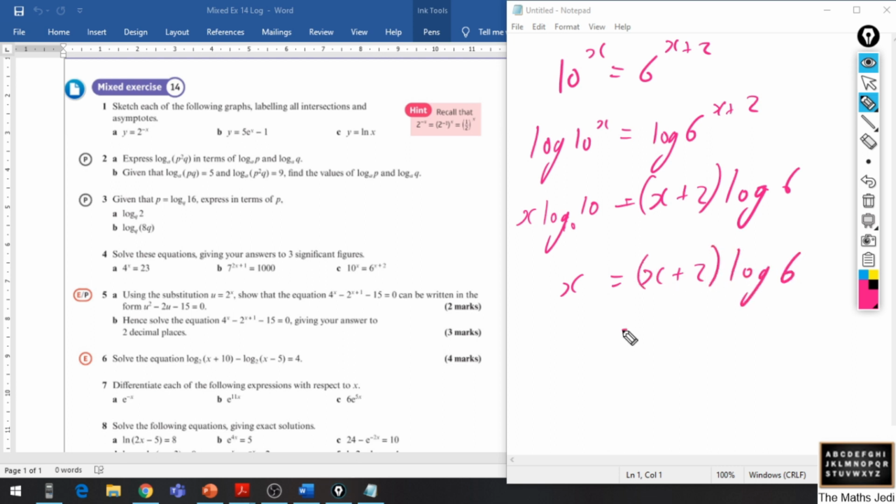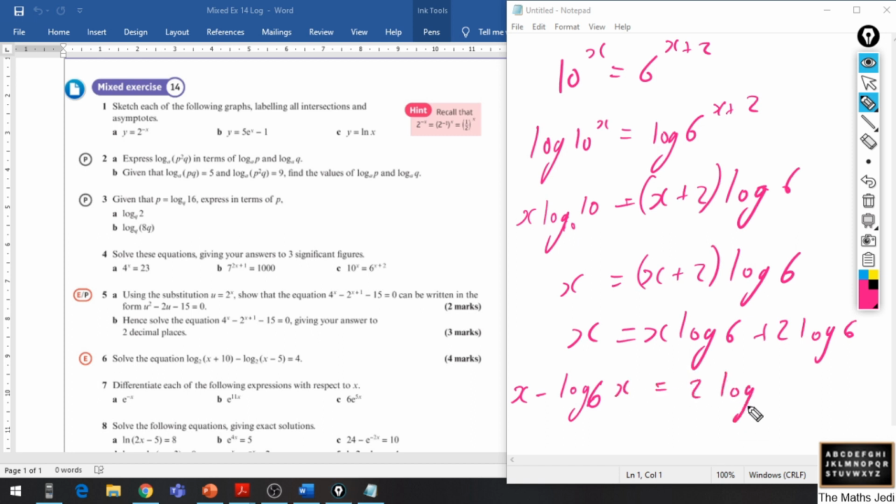We're going to multiply out the brackets. I'll take all the x expressions to the other side. And then finally take out x as common.